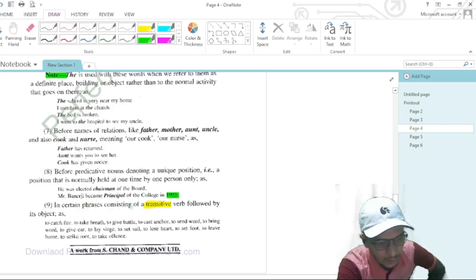In certain phrases consisting of a transitive verb followed by its object, as to catch fire, to take breath, to give battle, and so on.